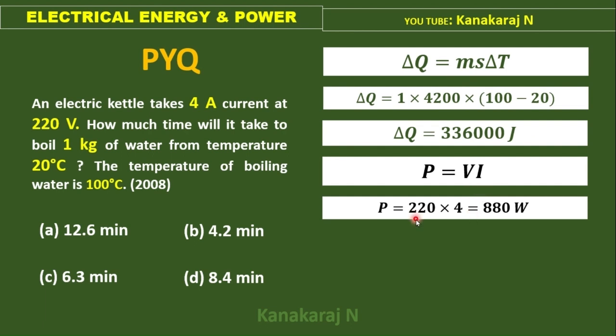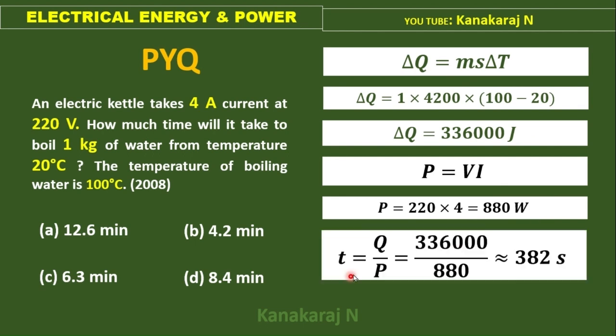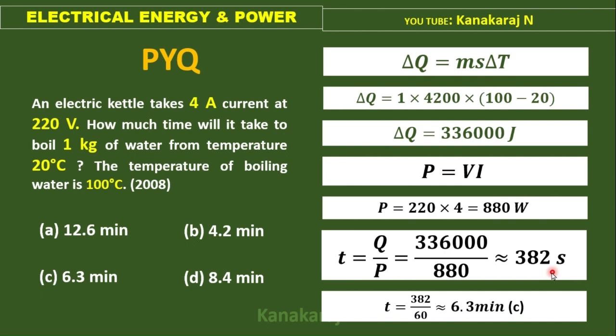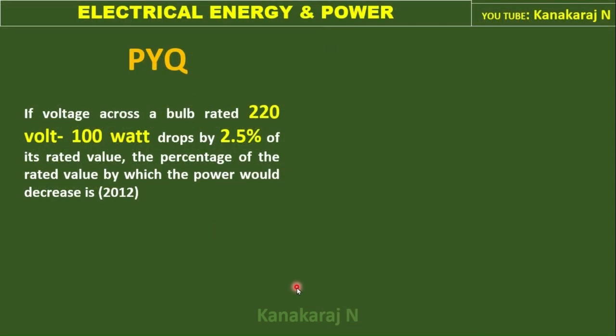So the power is 880 watt. Let us go with the time. That's equals the energy divided by the power. The energy is 336,000 divided by 880, which is approximately 382 seconds. But we need the time in minute. So let us divide 382 divided by 60. We get approximately 6.3 minutes, which is option C.